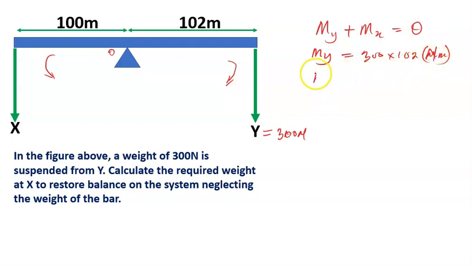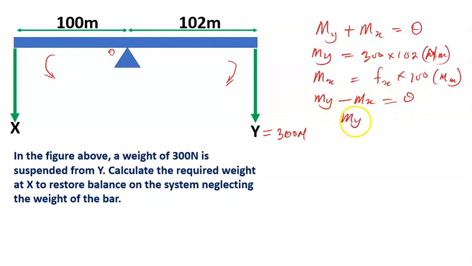And the moment produced at x will be given by F of x times 100 newton meters. M x is in the anti-clockwise direction, so M y minus M x, because the moment at x is negative, will be equal to 0. So at the end of the day, M y must be equal to M x.